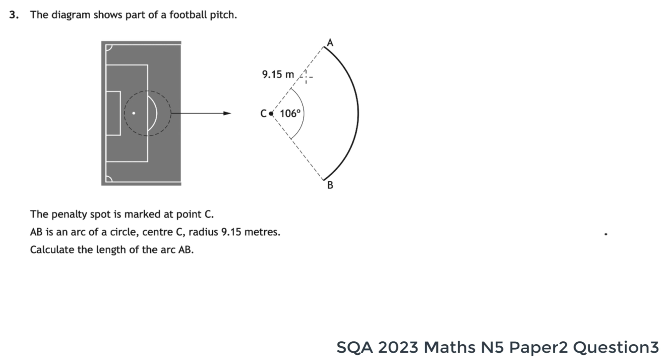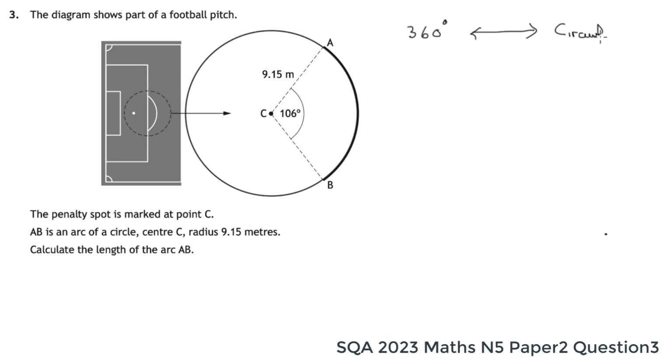Now, if you imagine this arc getting larger and larger till it becomes the whole circle, the angle at the centre would become larger and larger until it eventually was 360 degrees. And that would mean that this arc has been extended to become the whole of the circumference. So 360 degrees at the centre goes with the complete circumference of the circle, whereas this 106 degrees goes with that arc AB, which is the one we are trying to find.